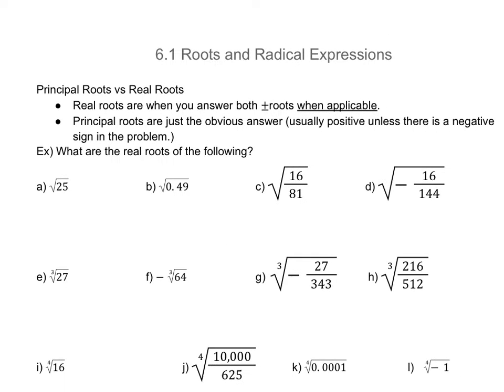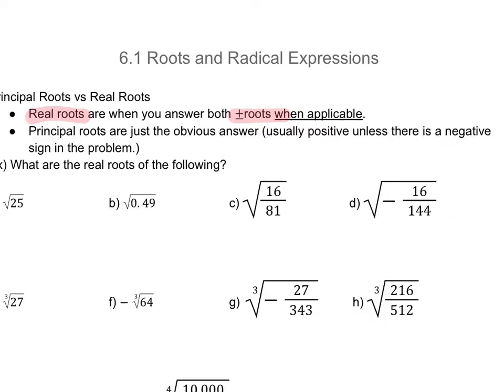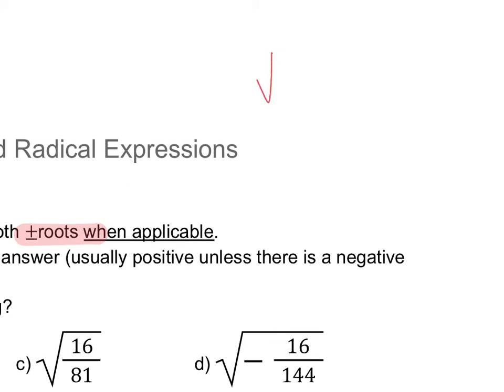So whenever the book or test or quiz asks for a real root, a real root is when you write both the positive and negative roots when applicable. So when do you have a positive and negative root? Well, like when you have the square root of 4, that could be plus or minus 2, right?